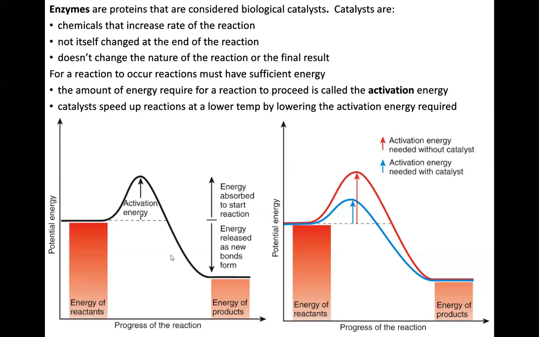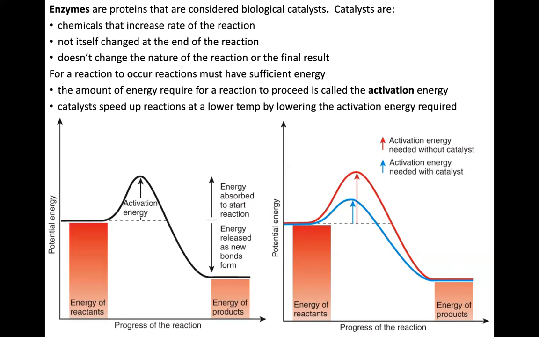An enzyme is going to take you from the 10-foot wall, shown here in red without the catalyst, to the blue line here, which would be like the 5-foot wall. We've lowered the barrier to get from point A to point B, so we get there faster with a catalyst, with an enzyme. The end result is still the same, crossing the finish line.